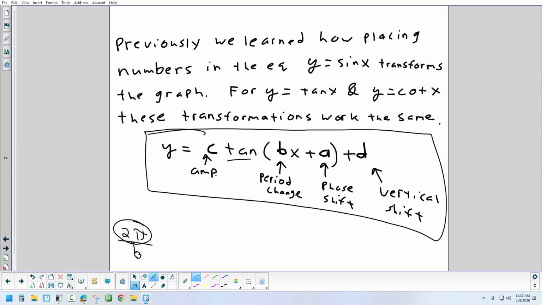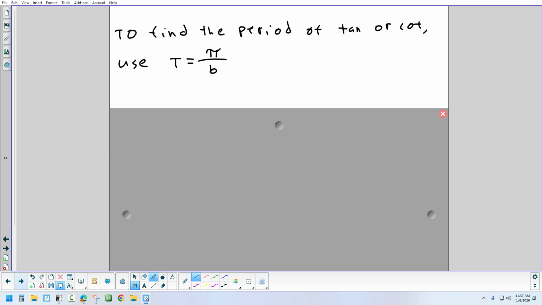What do you think the formula would be for the tangent function to find the period? Yep. Pi over b. Yep. Pi over b. Tangent and cotangent are the only two that use pi over b. All the other ones use 2 pi over b.